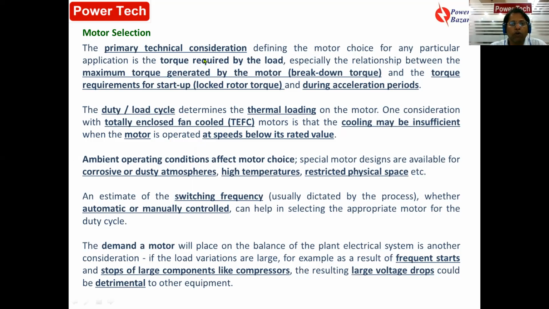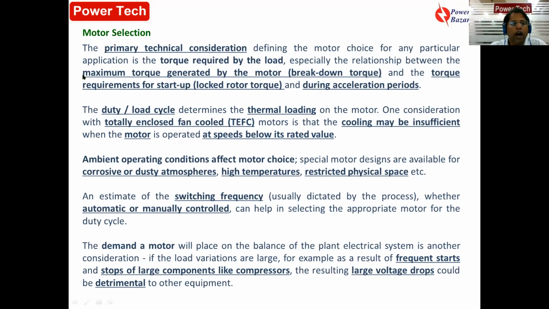a particular load. So one is the maximum torque generated by a motor, another name for which is breakdown torque, and another one is the torque required for startup and the torque during the acceleration period. So there are three torques. One is starting torque, particularly for a traction motor or a belt conveyor, where you need higher starting torque.